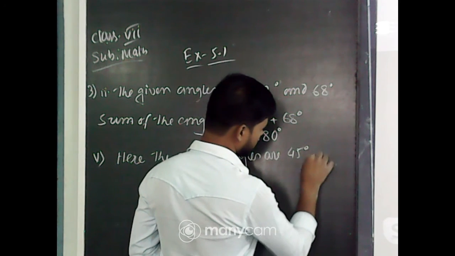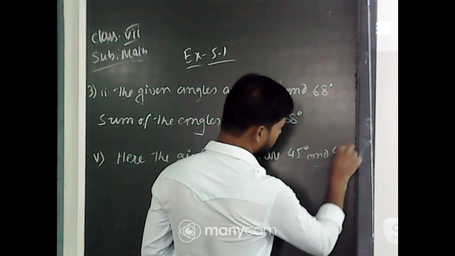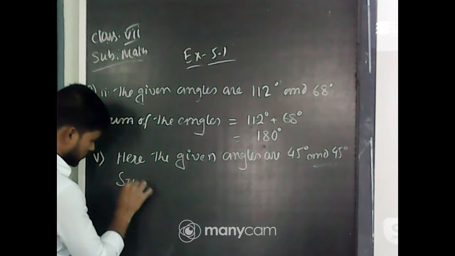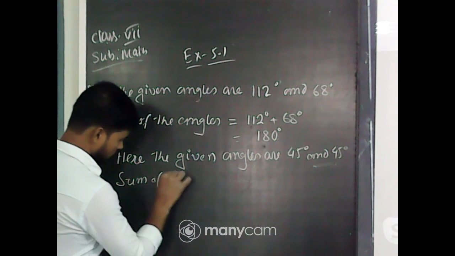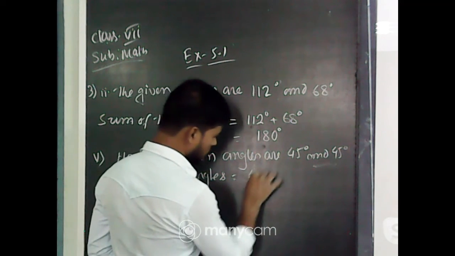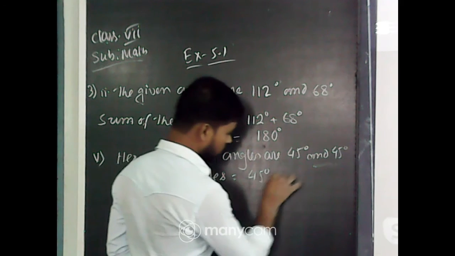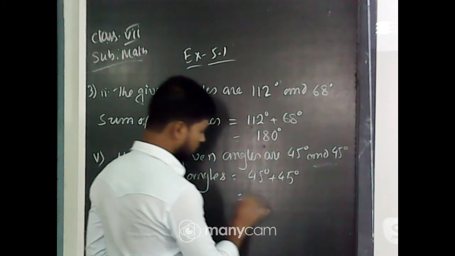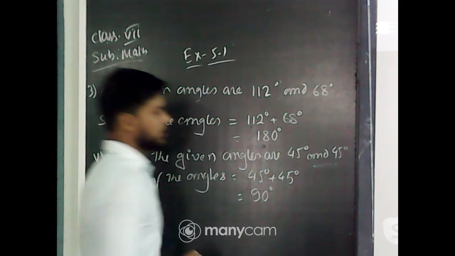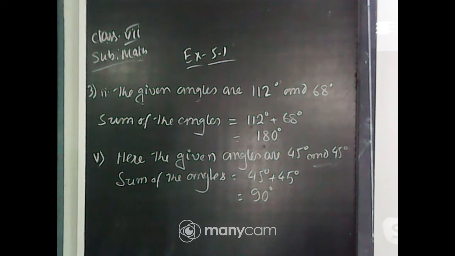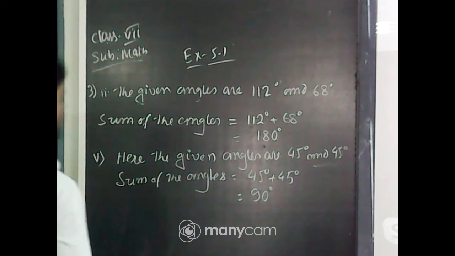Now find the sum of the angles, which is the first angle plus the second angle. Both angles are 45 degrees. So 45 plus 45 is equal to 90 degrees. Since the sum of the angles is equal to 90 degrees, the angles are complementary angles. Yes, very good.